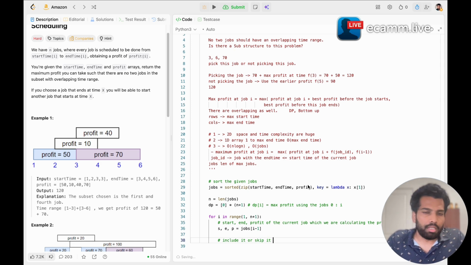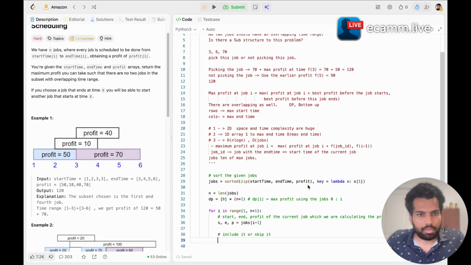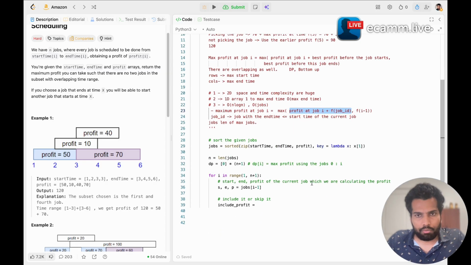So we need the values for both the choices. First, let's say we include the profit. For the inclusion of it, this is what we have to calculate. So what is the profit?